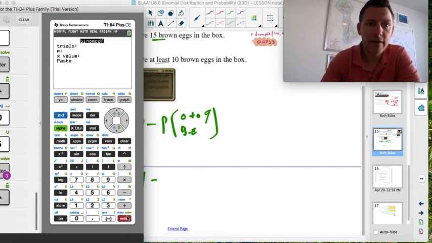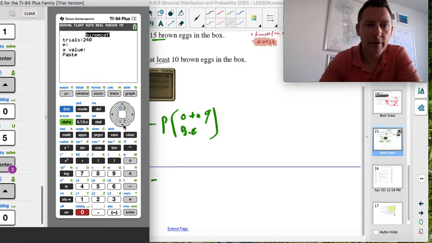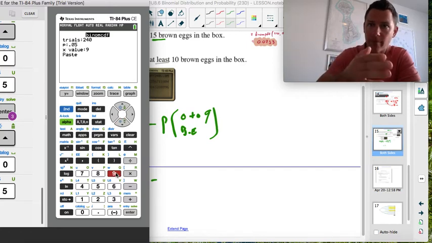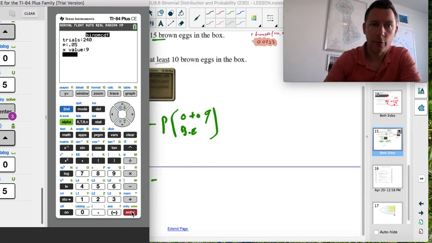Binomial CDF. Trials is 240, and the probability is still the same for each, 0.05. The value I want is 9, because I want it to count all the probabilities from 0 brown eggs, 1 brown egg, 2 brown, all the way up to 9, and then stop, because then the rest is 10, 11, 12, up to 240.